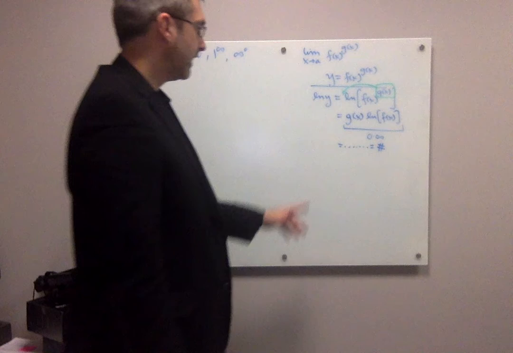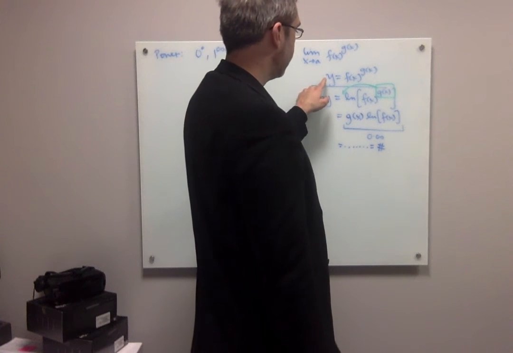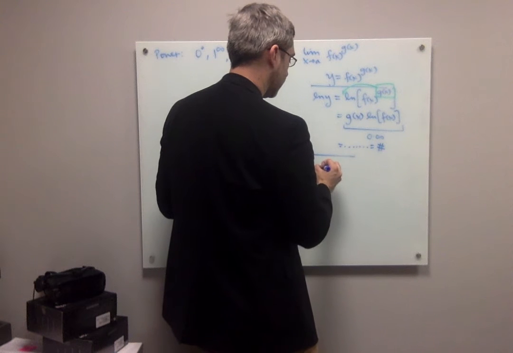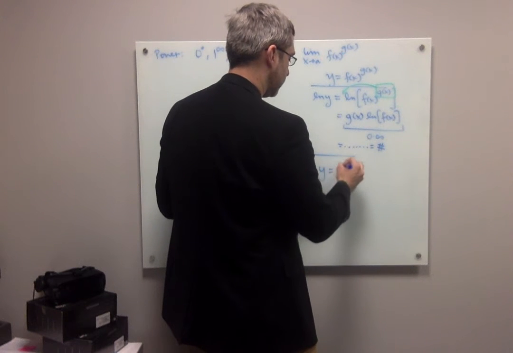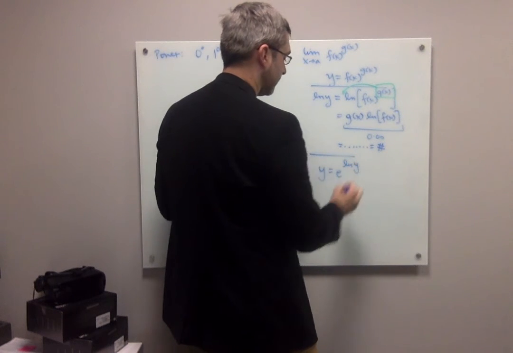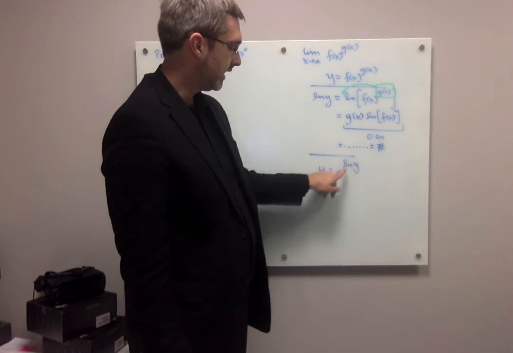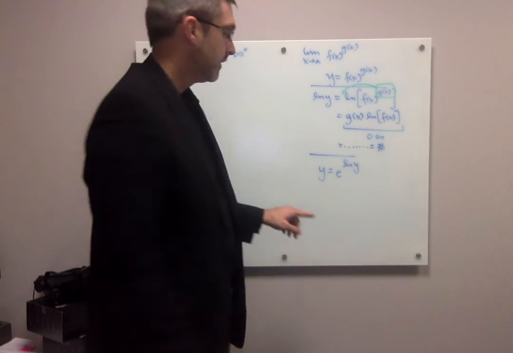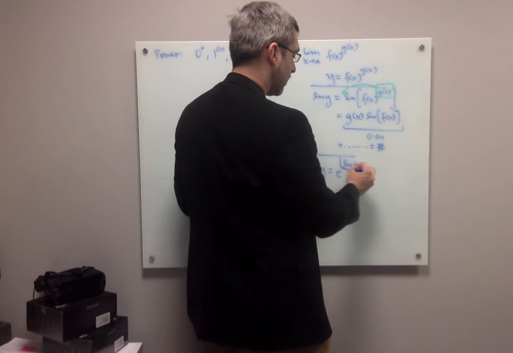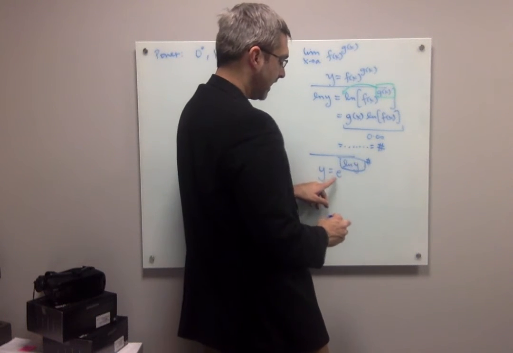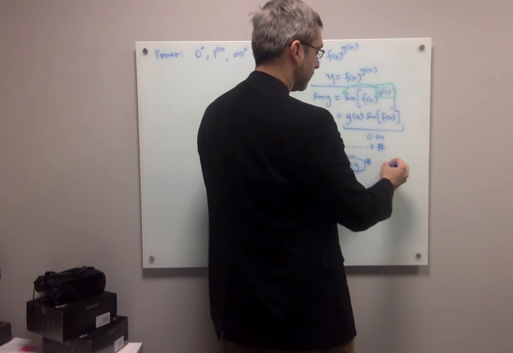Once we have that limit, then the way that we're going to get the original limit is we're going to use a little trick that y is equal to e to the natural log of y. Right? E and natural log cancel. So if natural log of y is going to some number, then y is going to e to that number.